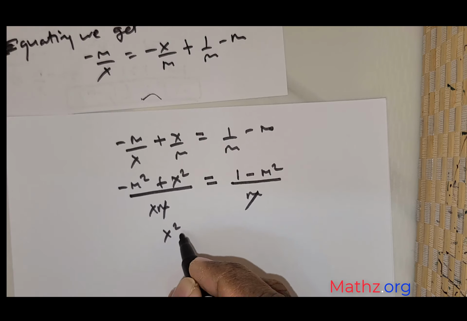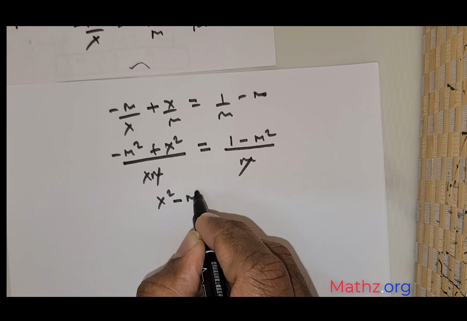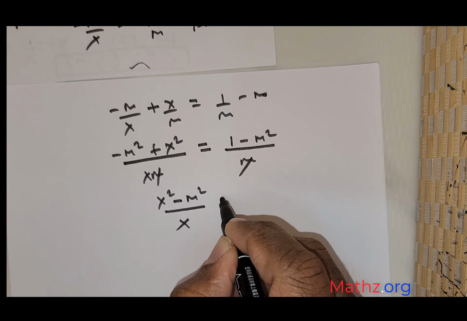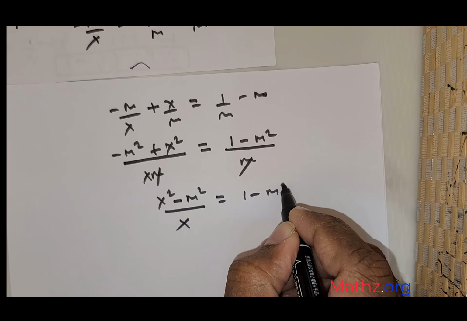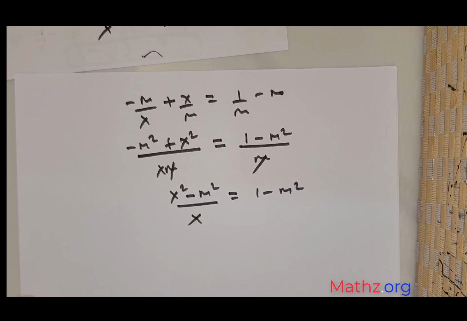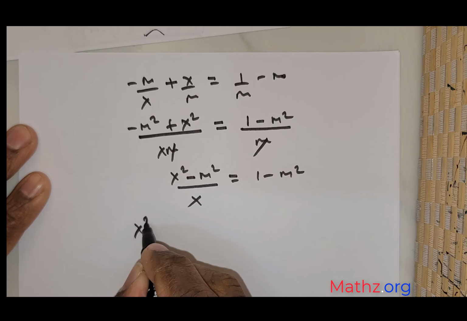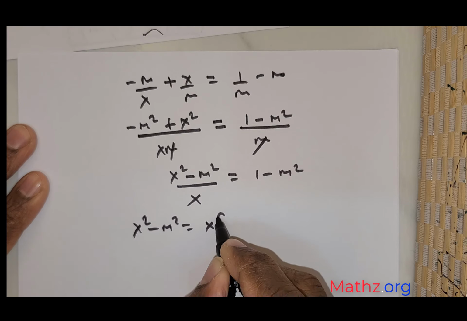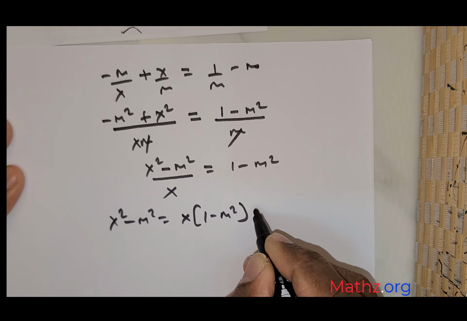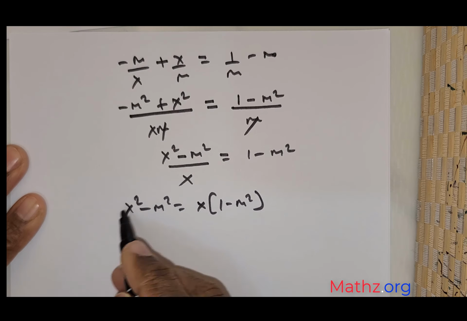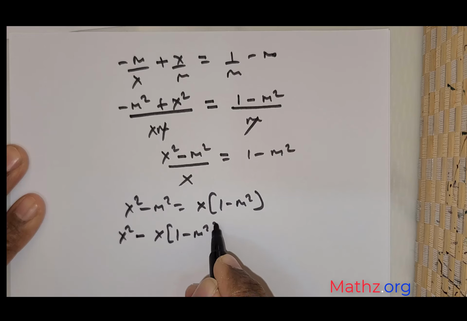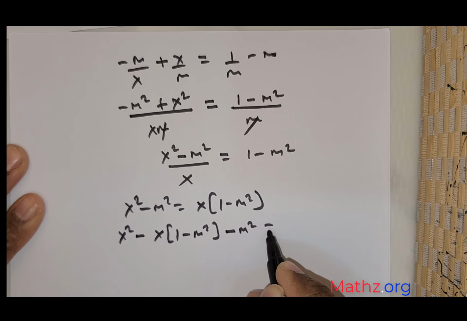So this would give me x squared negative m squared divided by x is equal to 1 negative m squared. So you cross multiply, you get x squared negative m squared is equal to x times of 1 negative m squared. You move the component to the left, you get x squared negative x times of 1 negative m squared negative m squared is equal to 0.